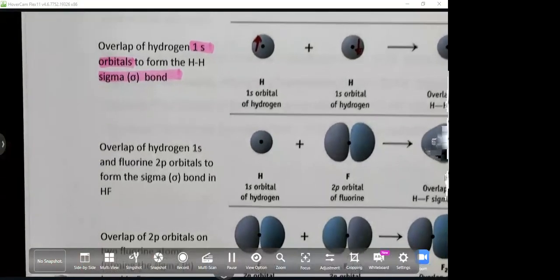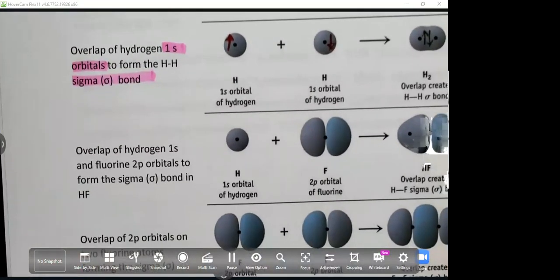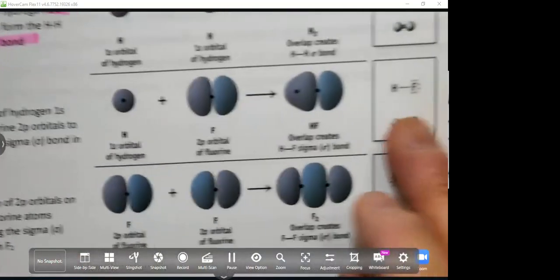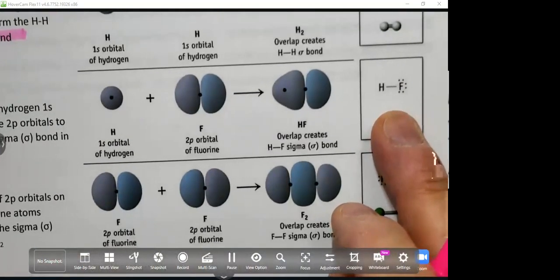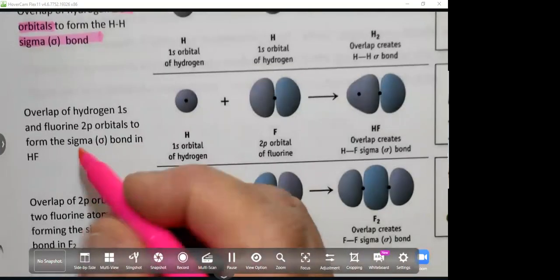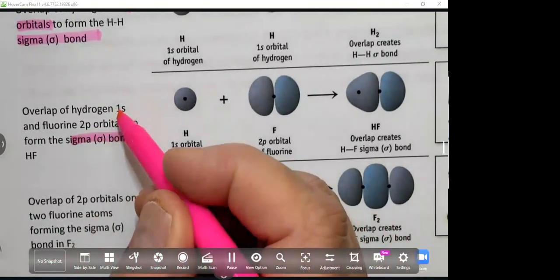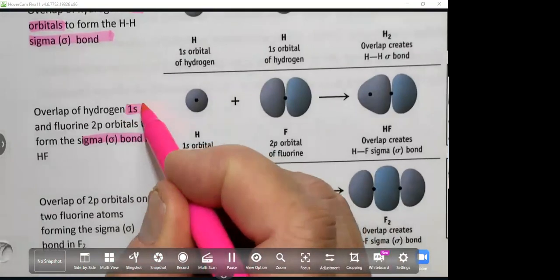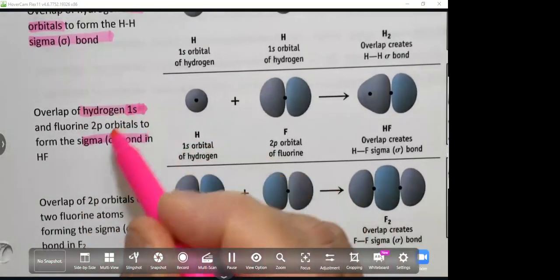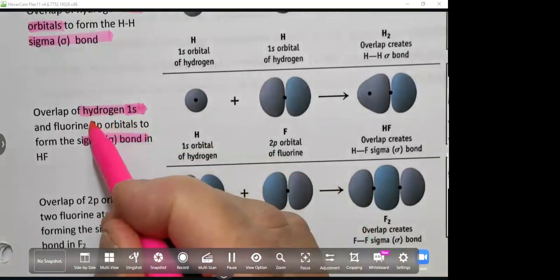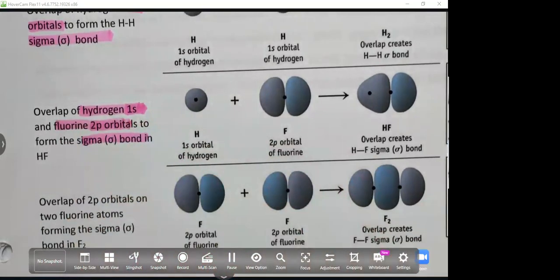Now, if you want to make the compound hydrogen fluoride, you also have a sigma bond. How do you do it? It's the overlap of a 1s for the hydrogen, but a 2p for the fluorine.